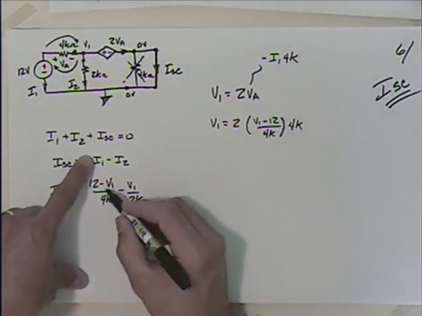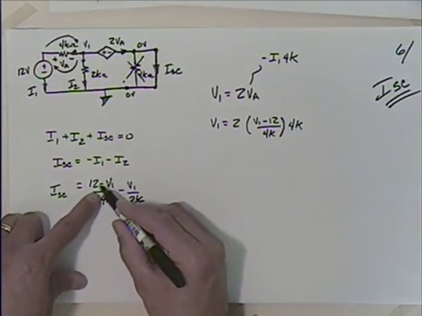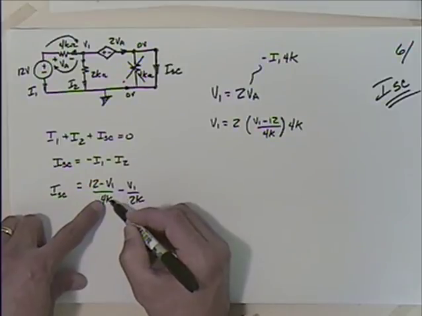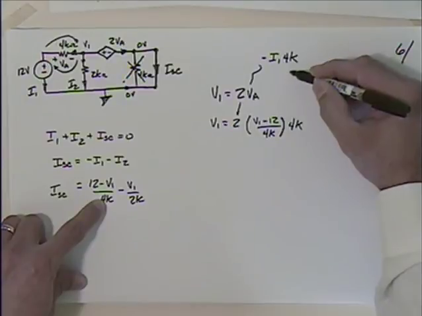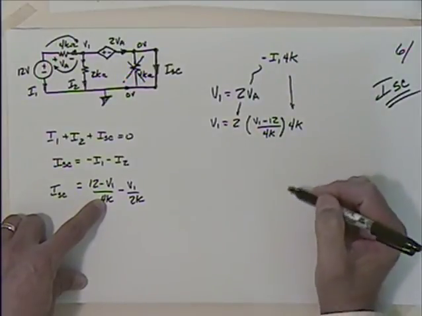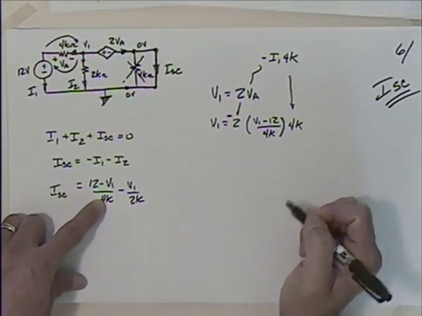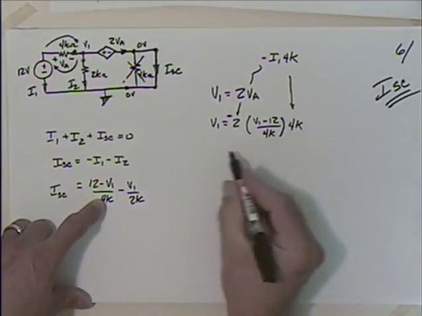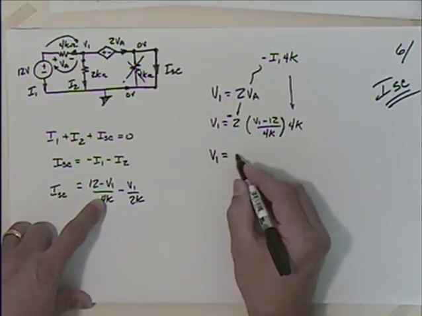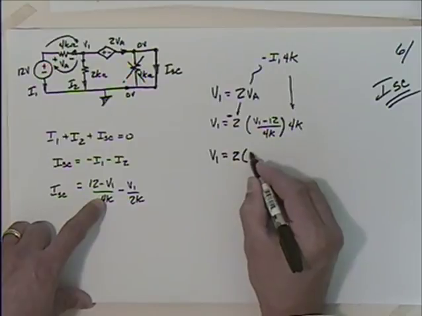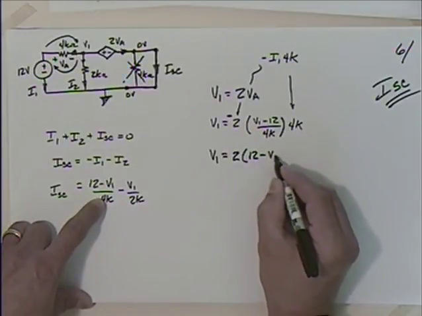Well, because this is minus I1, I1 is just going to be positive V1 minus 12 over 4K, and then there's the 4K. So there's where that came from. Now the last thing is I need this negative sign here. So I have to put that negative sign in there. So when I go through this, I can say then that V1 is equal to 2 times 12 minus V1.